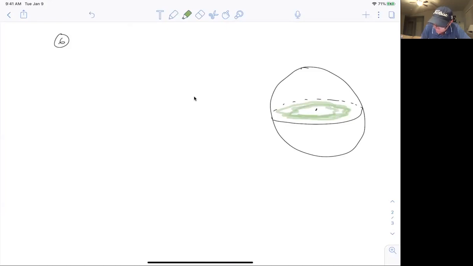So how am I going to know what the radius of that great circle is, which would also be the radius of the sphere, which is what I need to find the surface area. Remember, surface area of a sphere is 4 pi r squared. So I need to find that radius somehow. Well, it told me the area of that circle is 18.1.